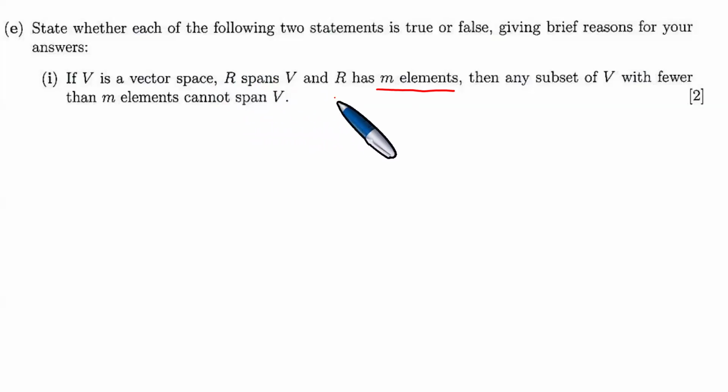And R has M elements. They're telling us that this R spans V, yet it has M elements. Then any subset of V with fewer than M elements cannot span V.